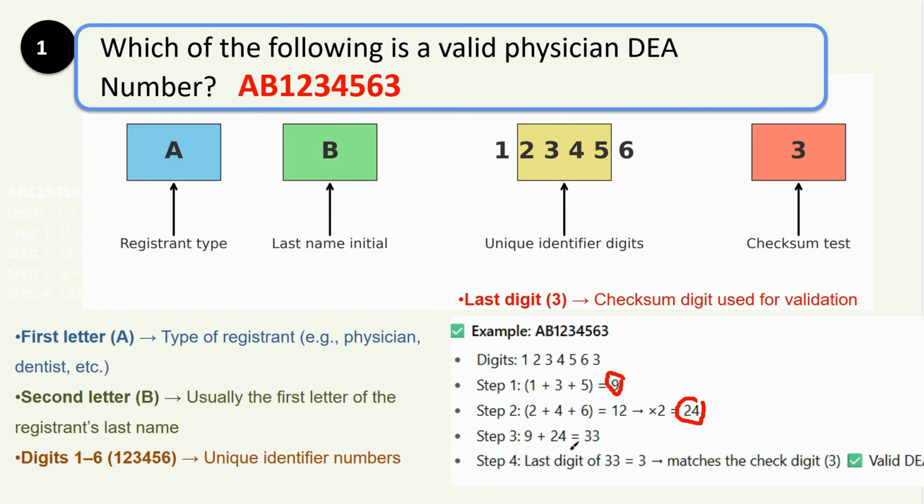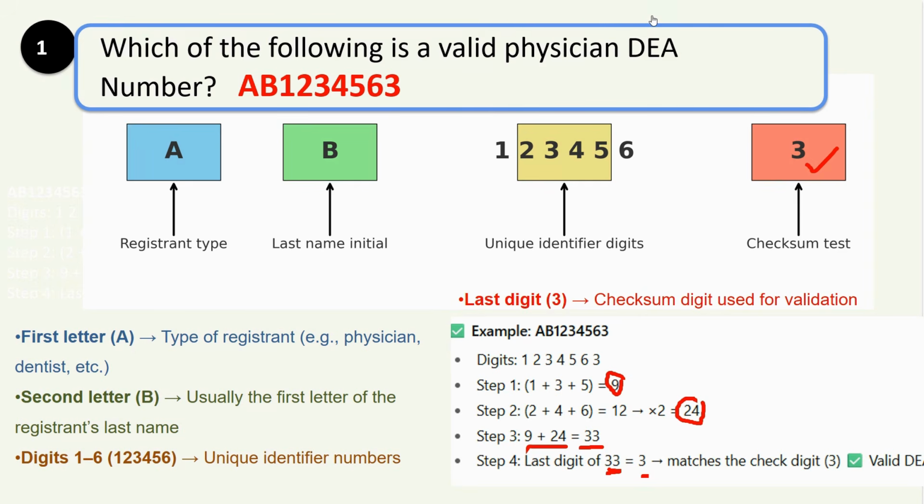If you add these two, it will be 33. In the 33, the last digit is 3, obviously. So this 3 matches the checksum number. Therefore, you can say this number, AB1234563, is a valid DEA number.